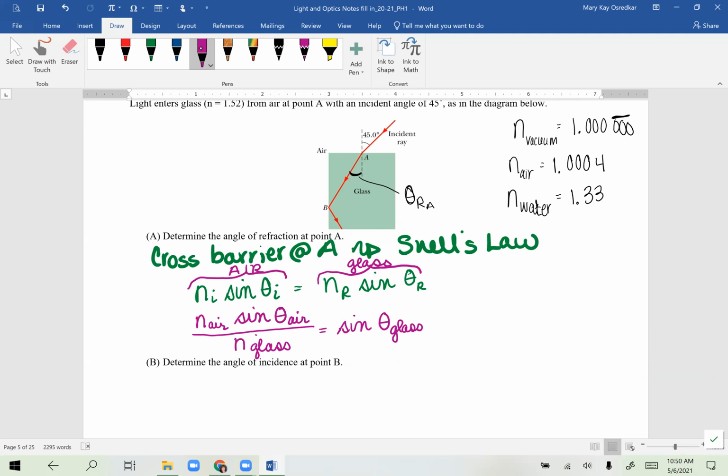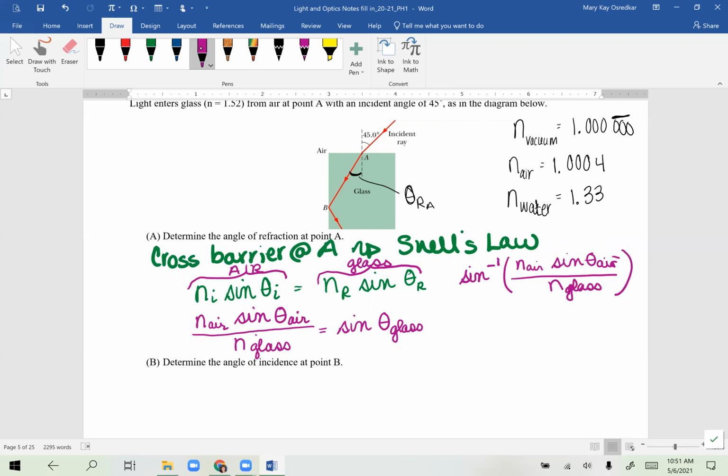Generically, we would then go to, how do you undo sine? Inverse sine, or arc sine: sine to the -1 of N air sine theta air over N of glass.